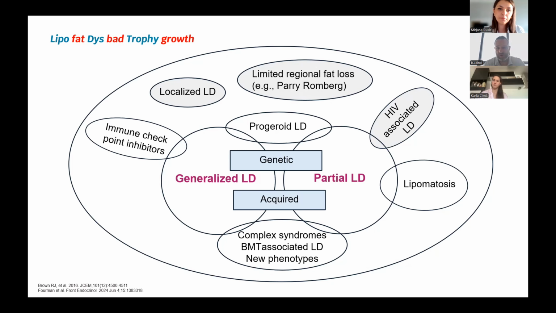However, there are some additional syndromes. One example could be progeroid lipodystrophy, where patients present with predominantly other symptoms, but they also have fat loss, and there is a bit of overlap here. But you also see some additional disorders shown outside of these two big circles, like localized lipodystrophy or limited regional fat loss syndrome.